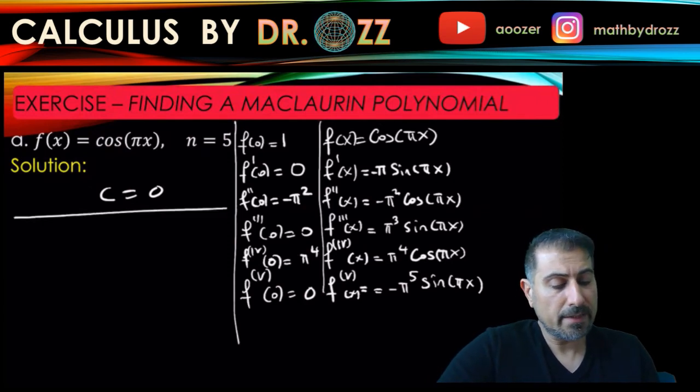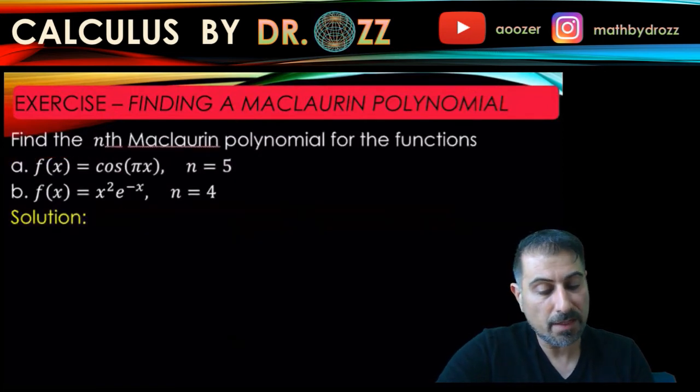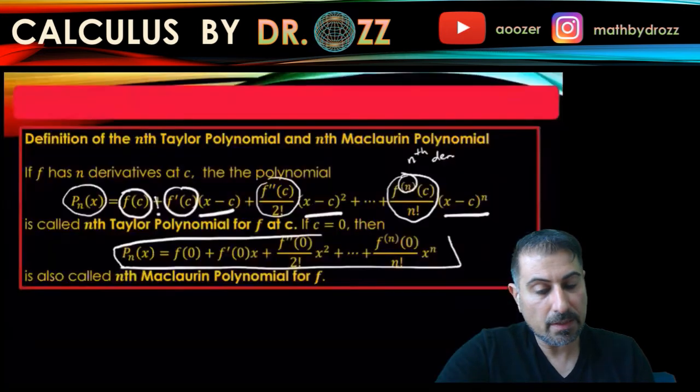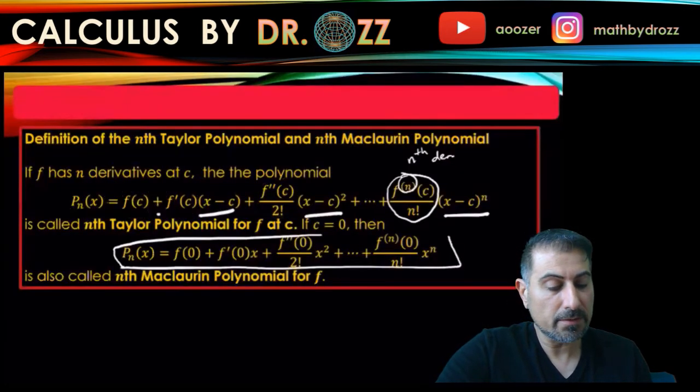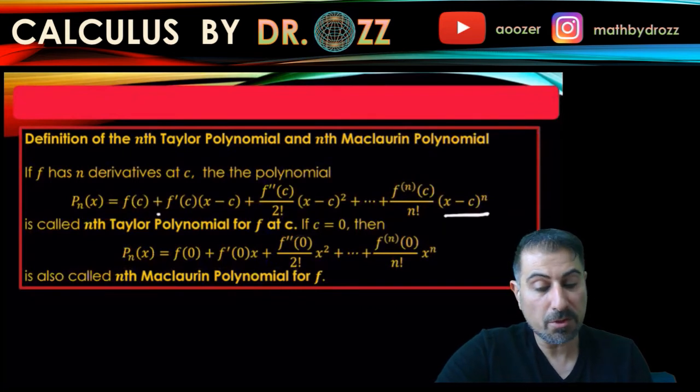So once you have all the derivatives evaluated at 0 up to order 5, we go ahead and write the MacLaurin polynomial, which is P5 of x.